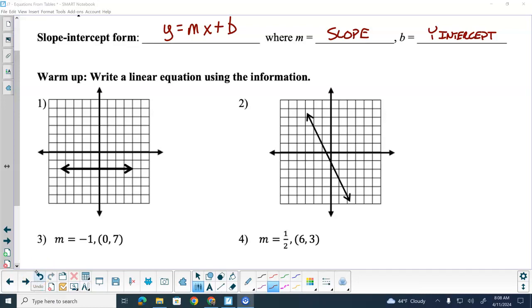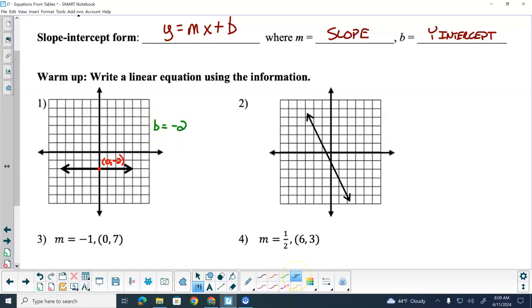Okay, first one. What do we got for y-intercept? 0, comma negative 2. What's the b from that? Negative 2. What's the slope for that one?